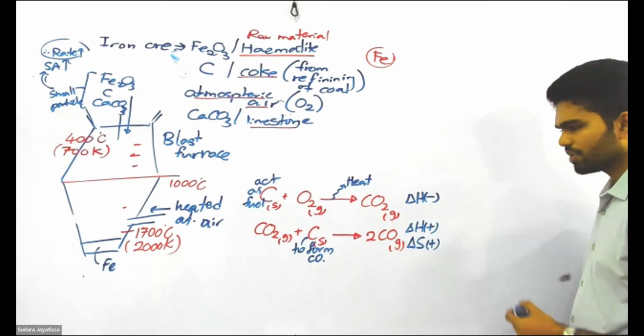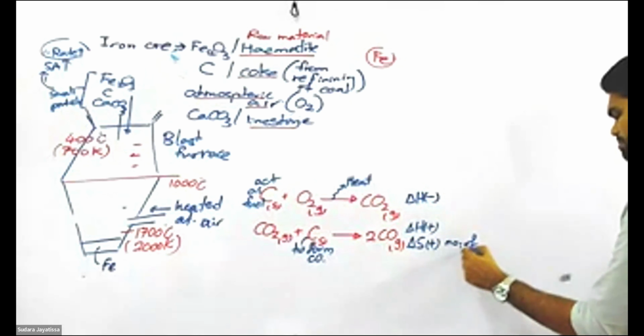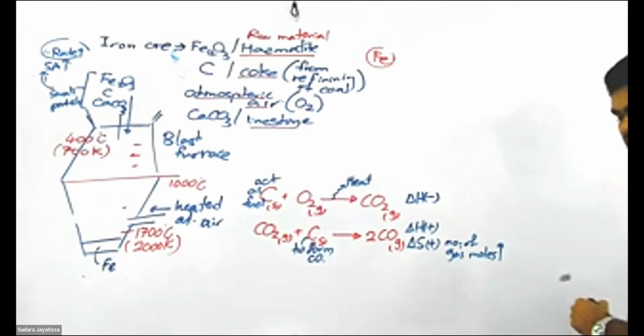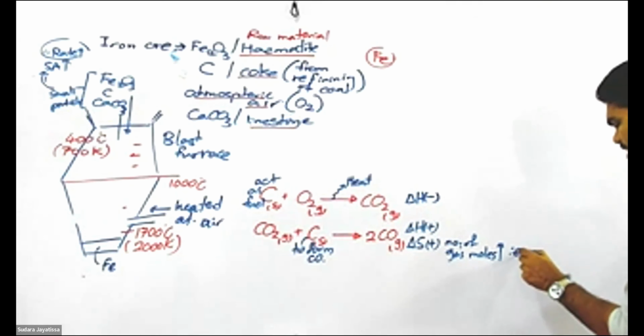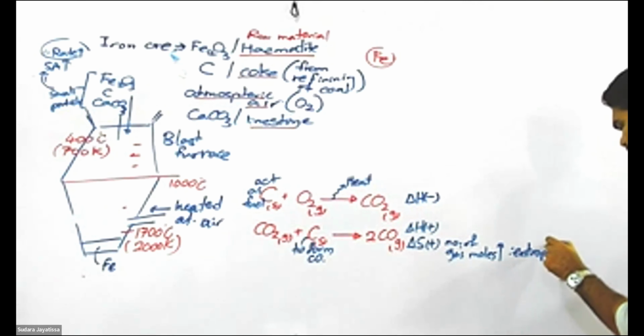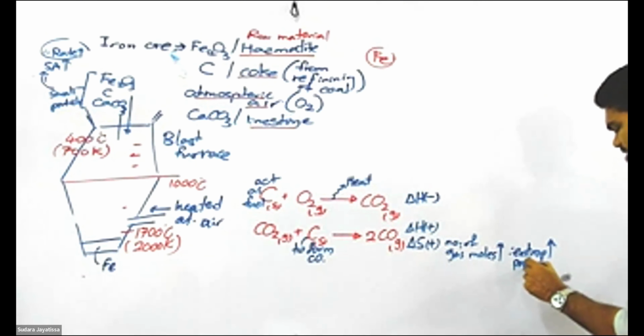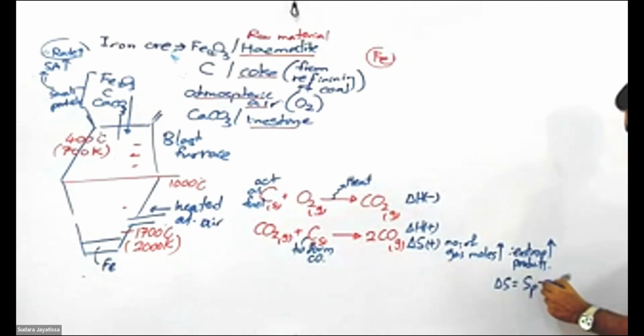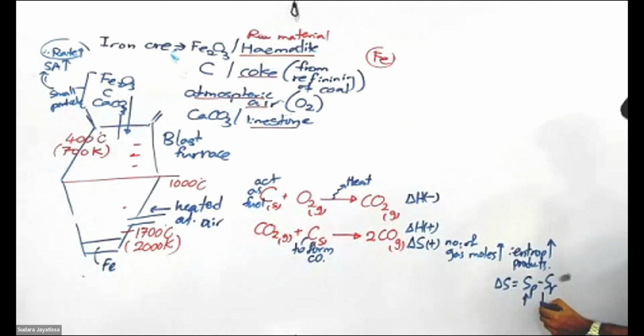The number of gas molecules, or gas moles, increases. So the entropy of the products is high. When we get delta S by subtracting the entropy of the reactants from the products, you are subtracting a lower value from a higher value. That will give us a positive answer. Is that clear? Entropy change is positive.